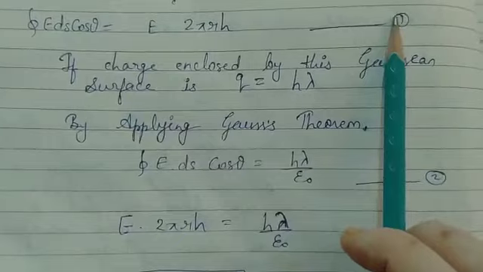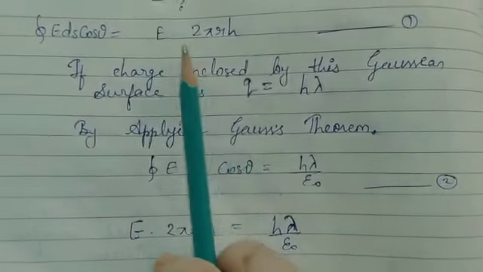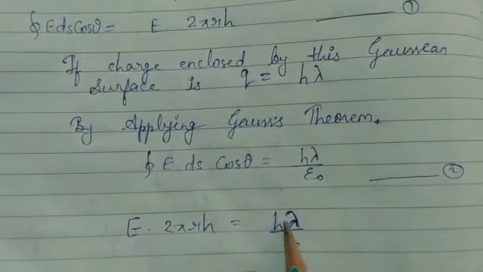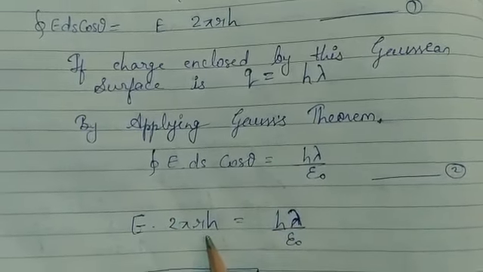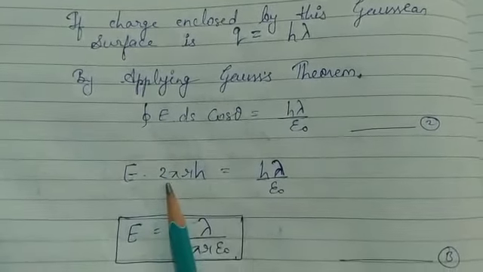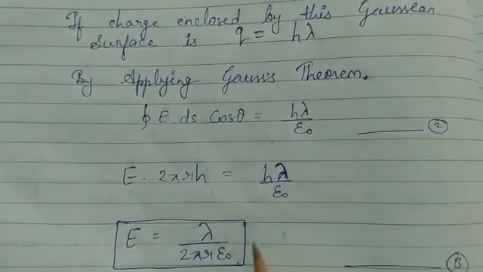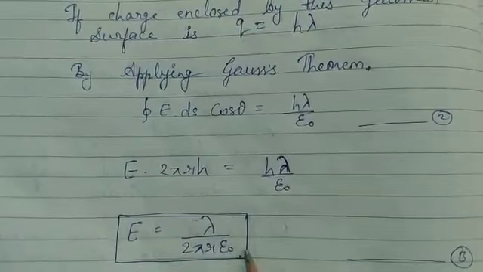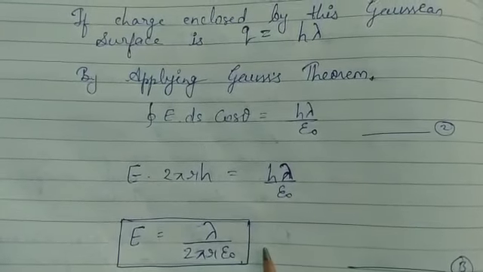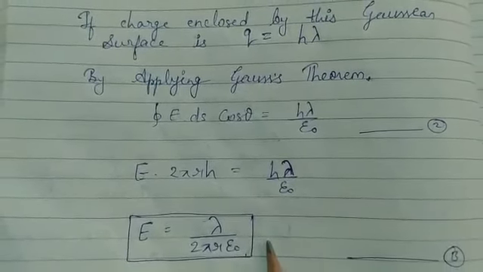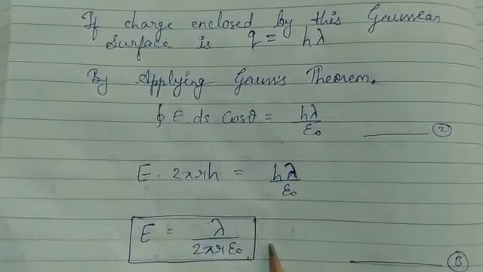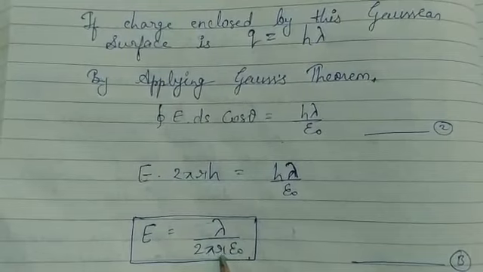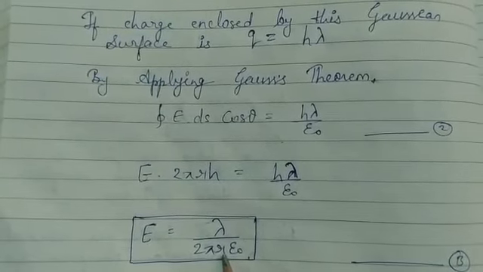Now when we compare equation 1 and equation 2, h cancels. When we transfer 2 pi r h to the other side, we get this equation, which is our desired equation for the electric field due to a line charge at a distance r from it: E equals lambda upon 2 pi epsilon naught r.